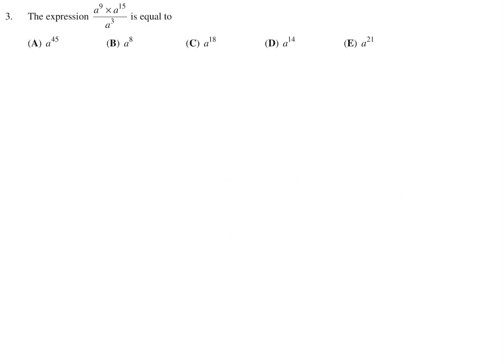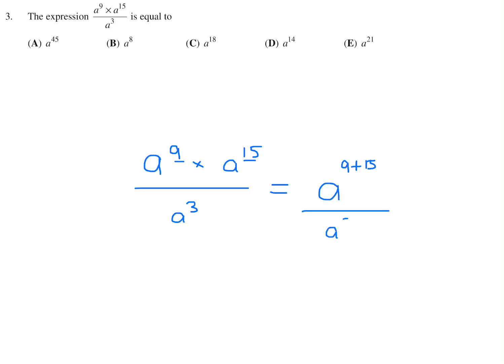The expression a to the 9th times a to the 15th over a to the 3rd is equal to, all right, a to the 9th times a to the 15th all over a to the 3. So if you remember, with exponents, if you're multiplying the bases, you add the exponents. So this would become a to the 9 plus 15, over a to the 3.